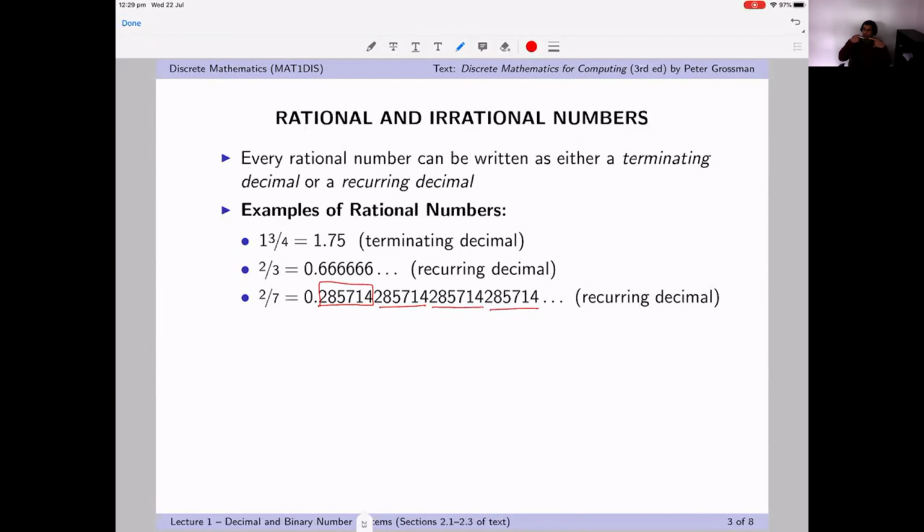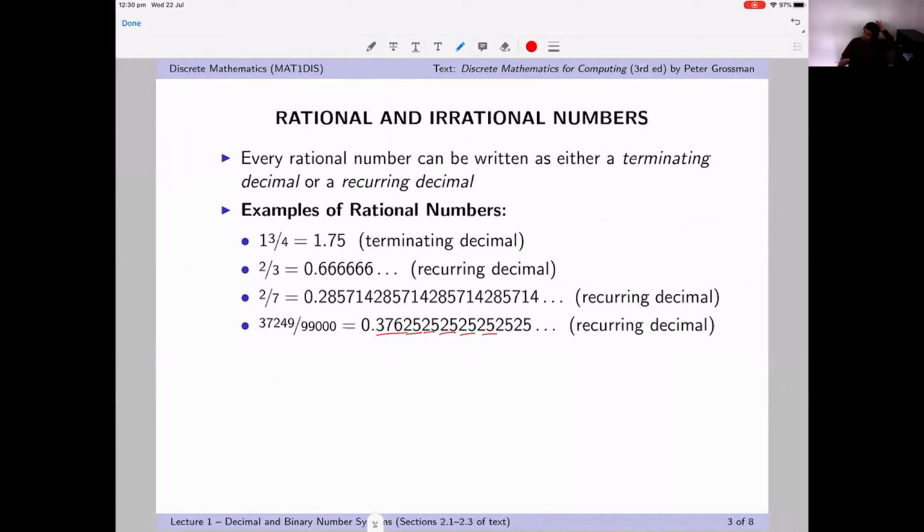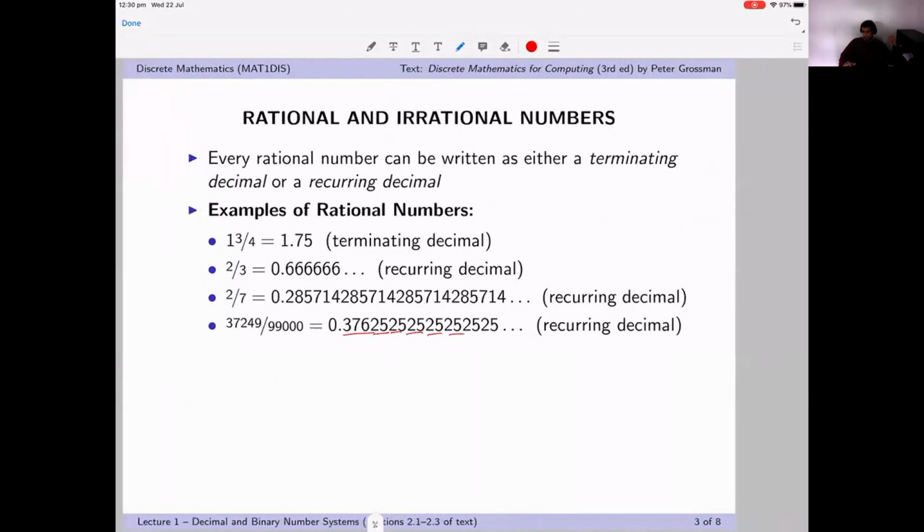So when there is a repetition or periodicity, that number is rational. And similarly, 25, 25, 25, 25, 25, that's also a rational number. If these characteristics or attributes don't appear in a number, then that number would be irrational.